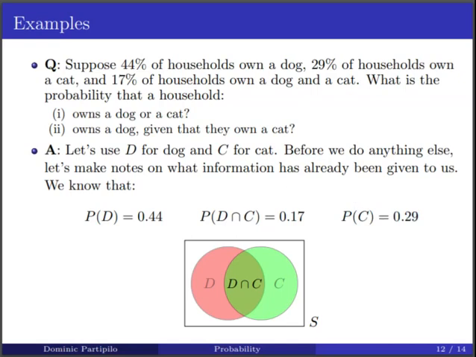Then we're also told that 17% of households own a dog and a cat. And that keyword "and" here tells us that this is going to be an intersection. So the probability of dog and cat is equal to 0.17. If we want to draw a picture of this, it looks like our Venn diagram from earlier of the events A and B, but now it's just the events D and C.